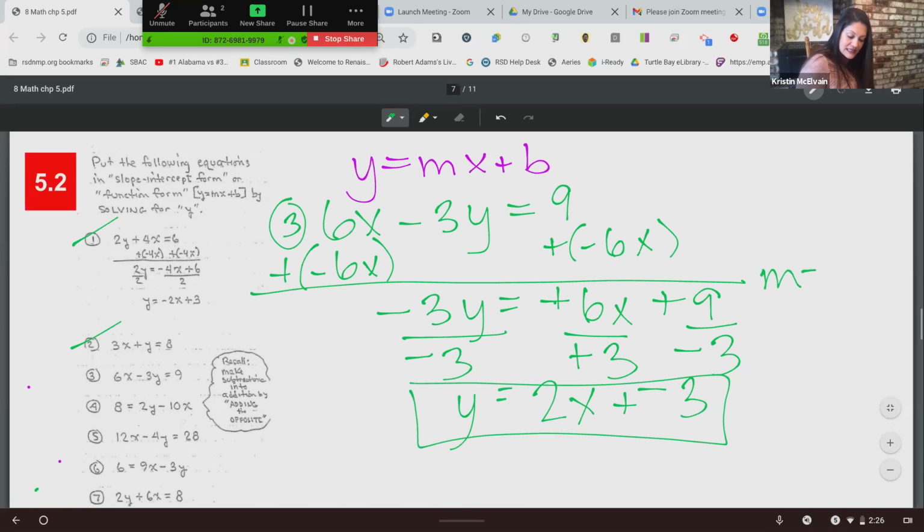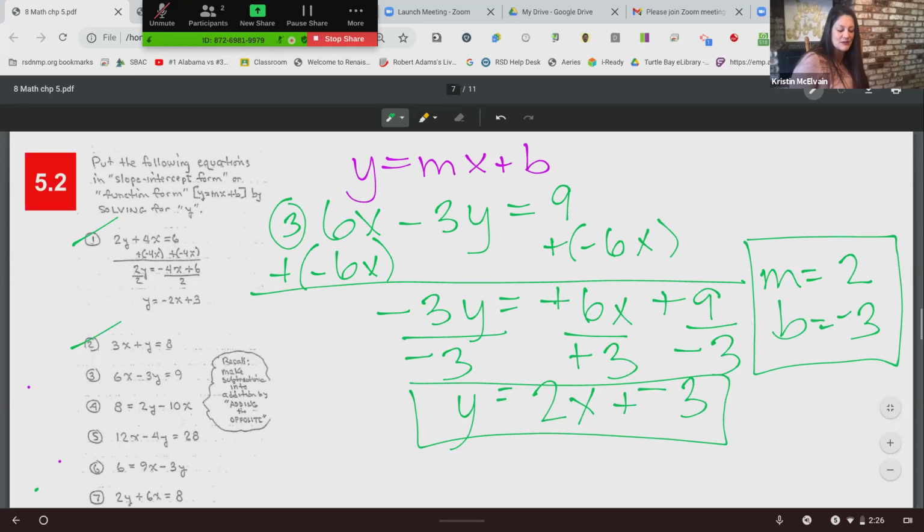Our slope is positive 2, and our y-intercept is negative 3. And you can put that just right next to your equation. I'm just a great big writer on this screen, so I put it a little bit up. Okay, so that one was number, what number am I on? Oh, number 3. Look, I even wrote it down. All right, 3, done.